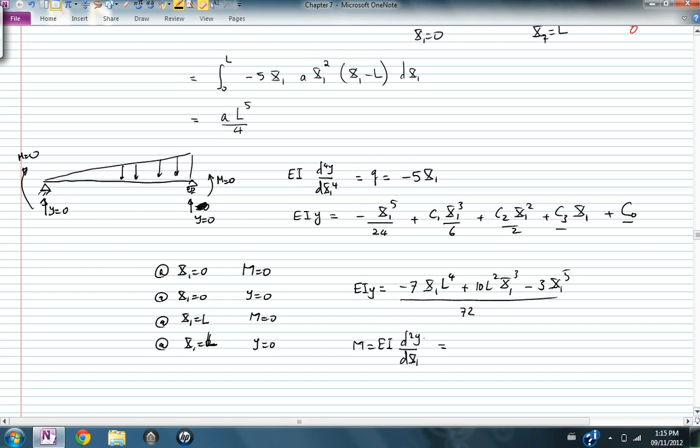Differentiate once, differentiate twice, you get 5 over 6 x1 times L minus x1 times L plus x1.